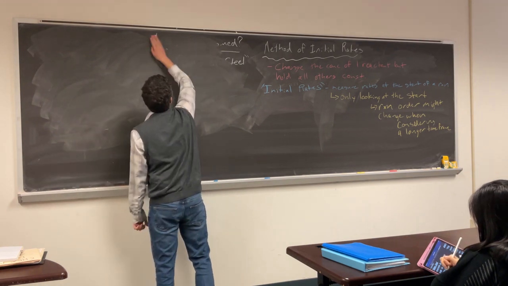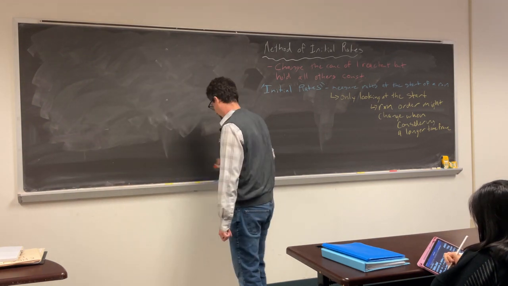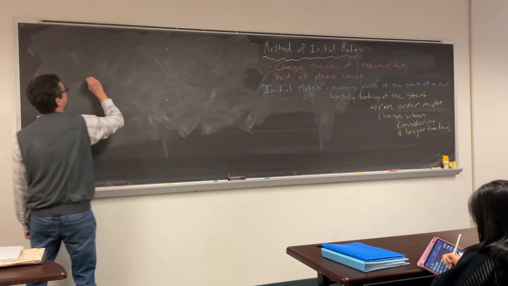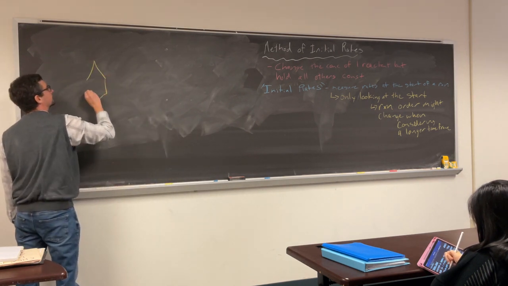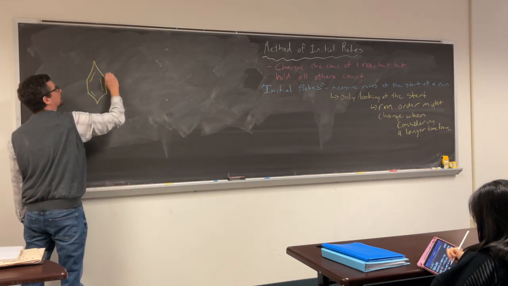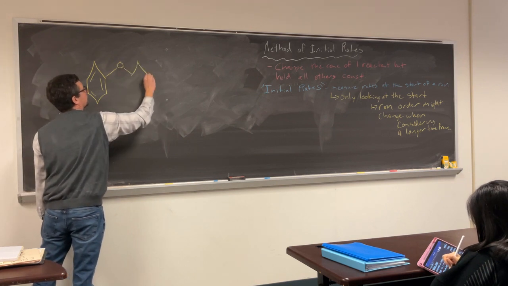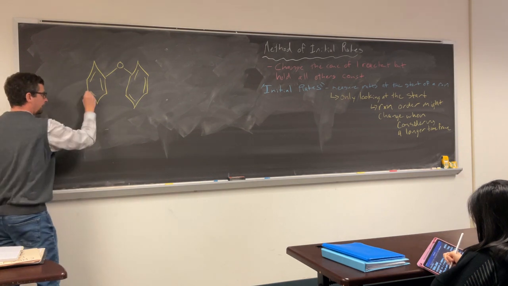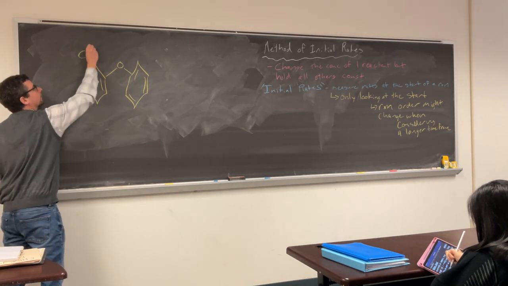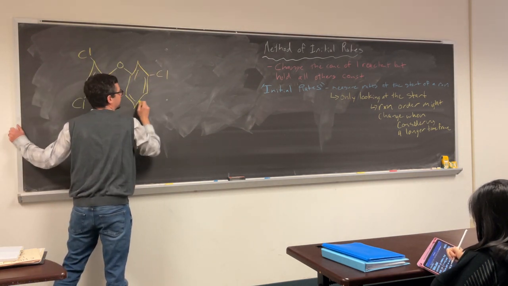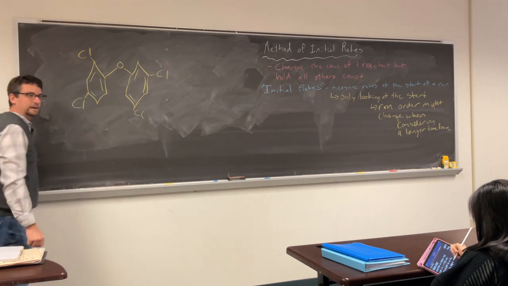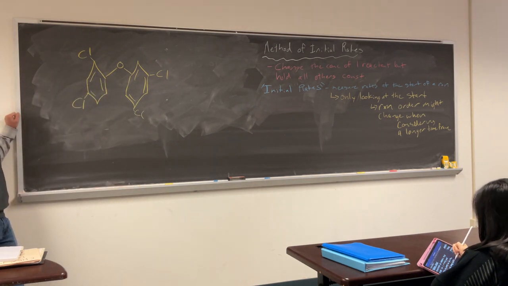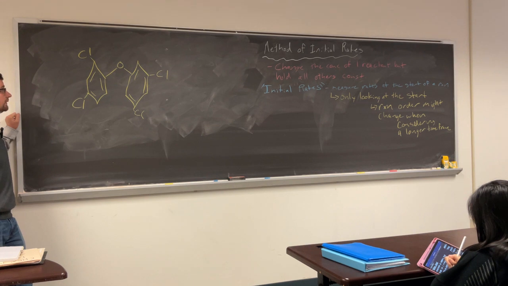For 2 years of my life, I worked on synthesizing these types of compounds. These guys are known as polychlorinated diphenyl ethers. They're flame retardants. They're in the Great Lakes in relatively large quantities.